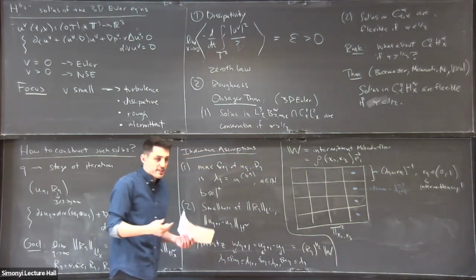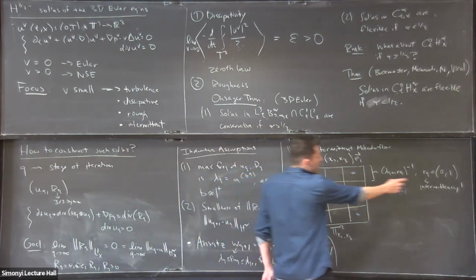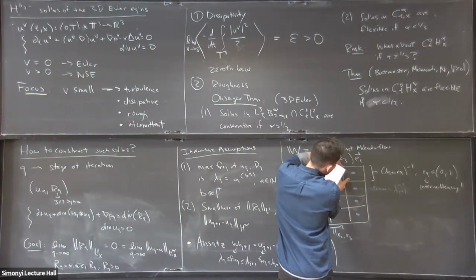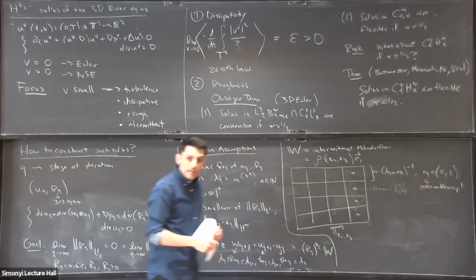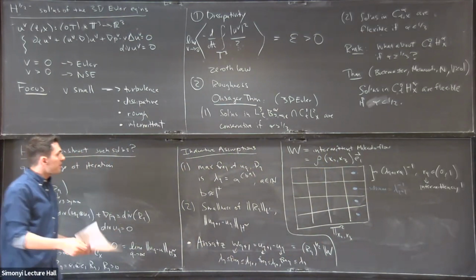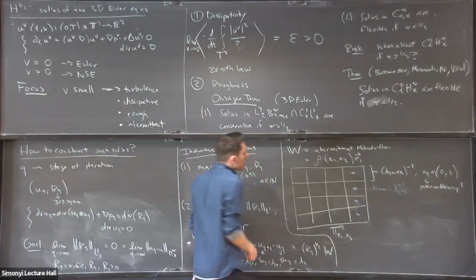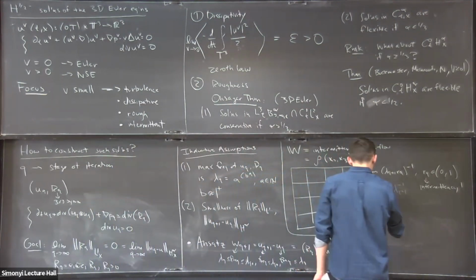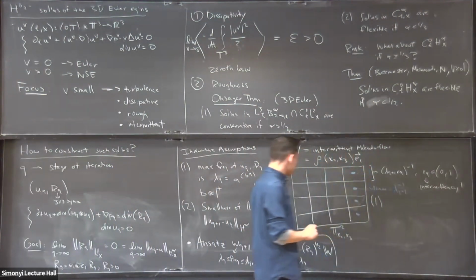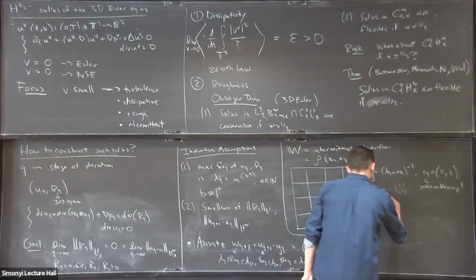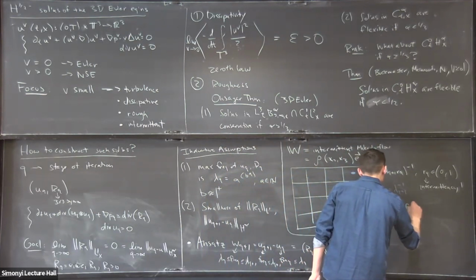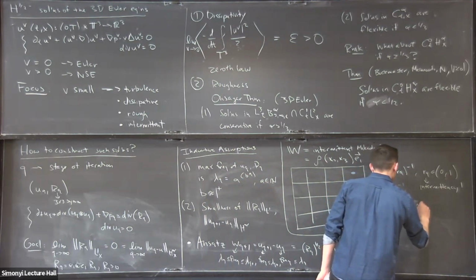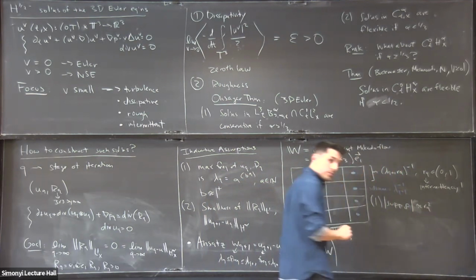All right, so what's happening here? If rq is small, then these cells are somewhat large compared to the size of the blue dot. So the support of this rho is a very small subset of T2. And if you compute what it actually is, the support of rho has measure rq squared.